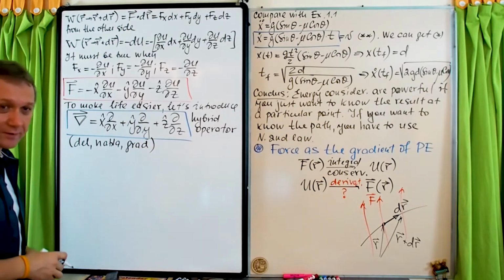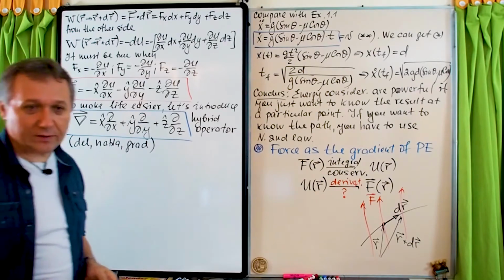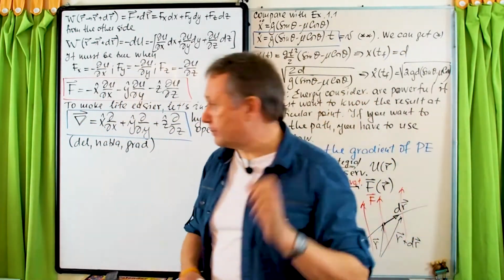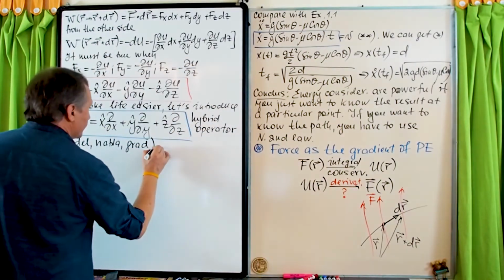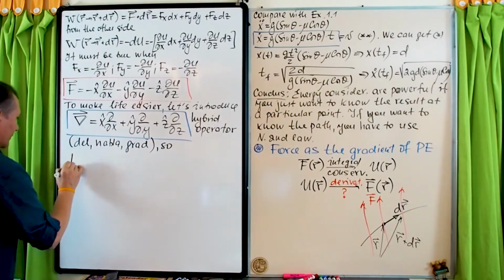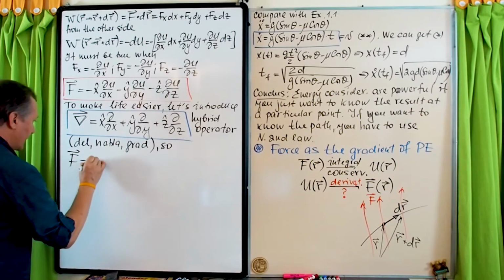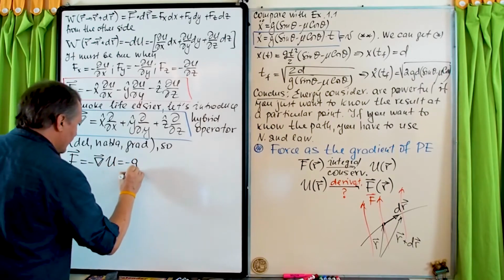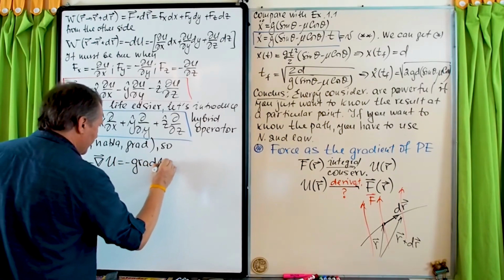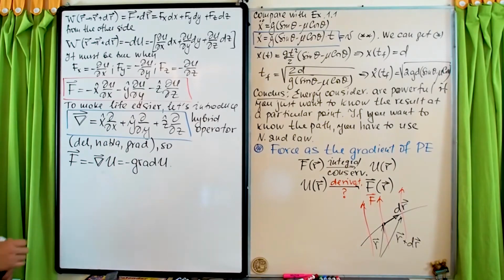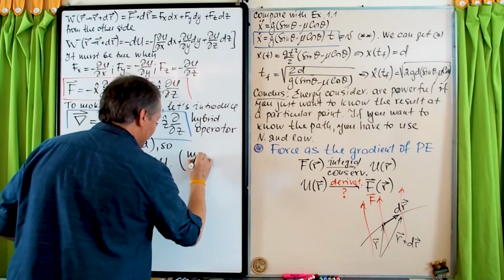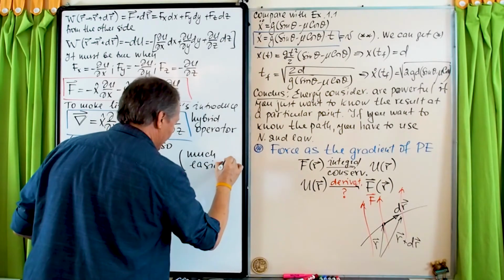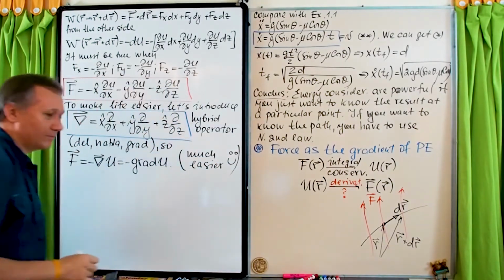As a result, this relationship can be written much nicer. F equals negative gradient of U, or minus del U. Much easier to write.